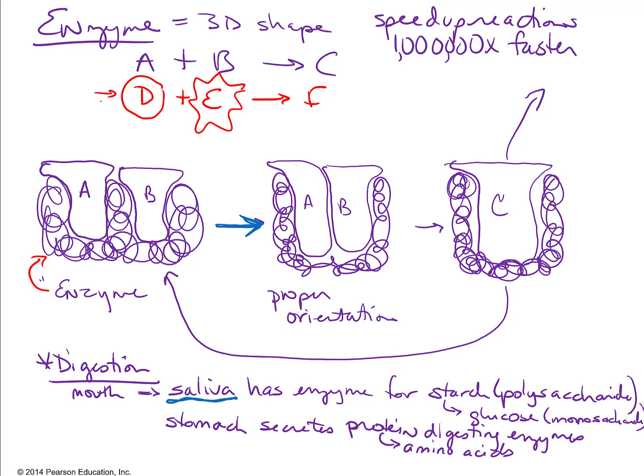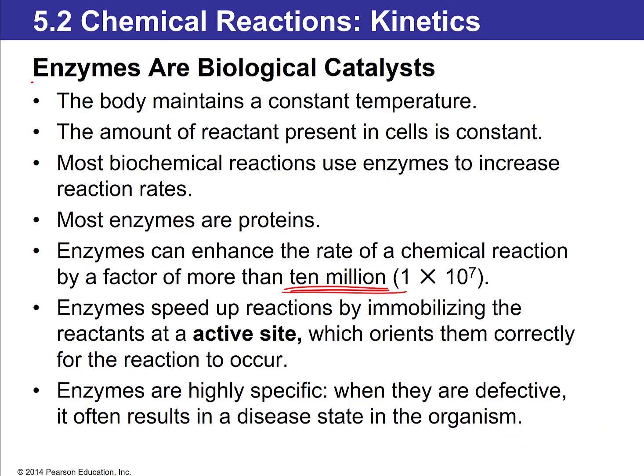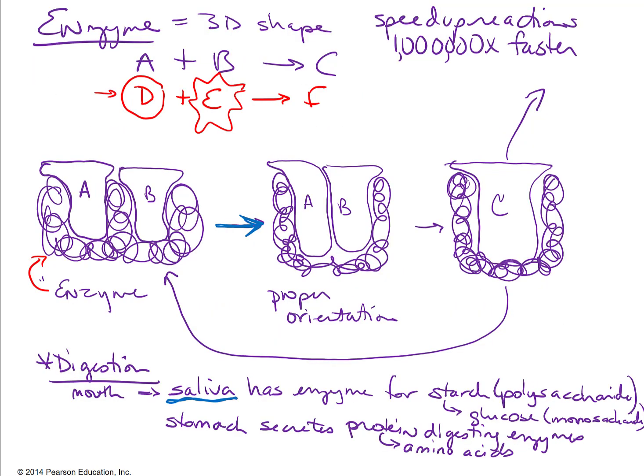The enzyme, when it has the reactants bound, actually changes shape and will push the reactants together. So in that middle one, see how A and B get slid side by side? That's exactly the position they need to be in for a reaction to occur. So the reactants come in, they get pushed together, the reaction occurs, and the product, C, gets released.